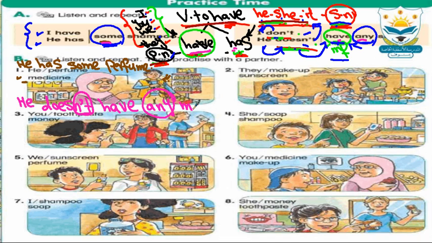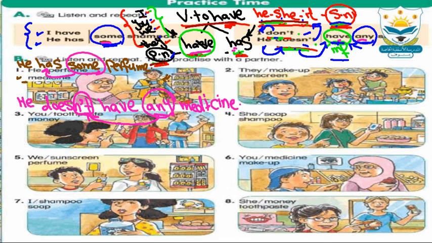Any medicine. And put a full stop. So here we used some in the affirmative sentence, and we use any in the negative sentence.